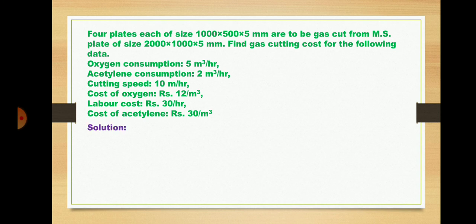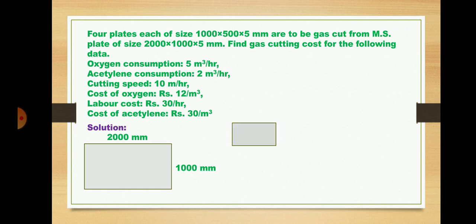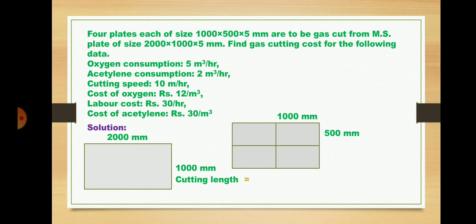So starting with the solution, what we have is a plate of 2000 millimeter into 1000 millimeter. We have to cut it into 4 plates, each of size 1000 millimeter into 500 millimeter. So the cutting length equals 2000 millimeter plus 1000 millimeter equals 3000 millimeter equals 3 meter.